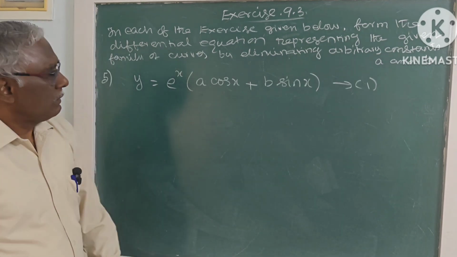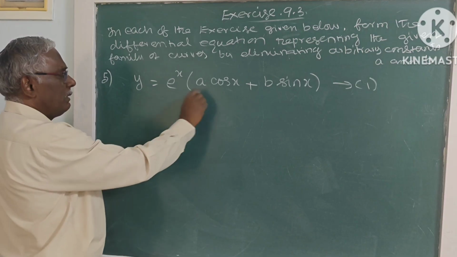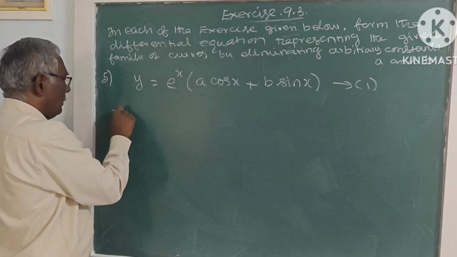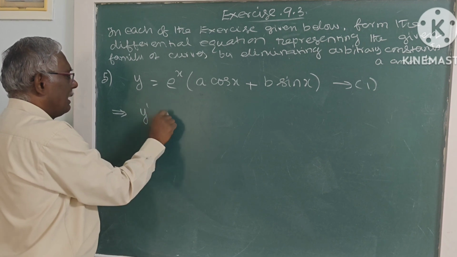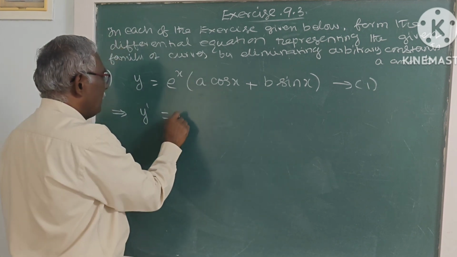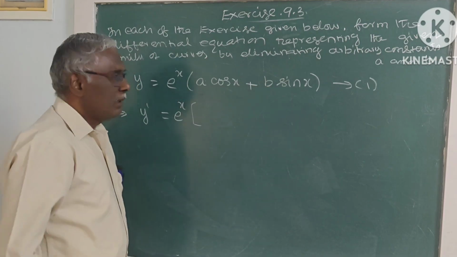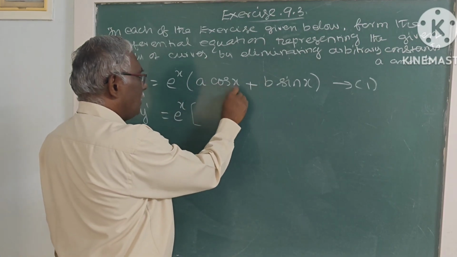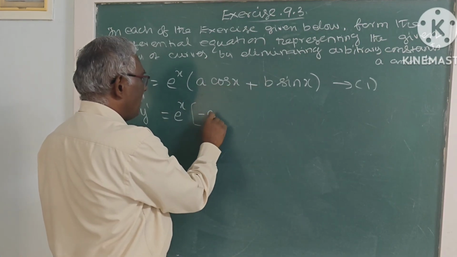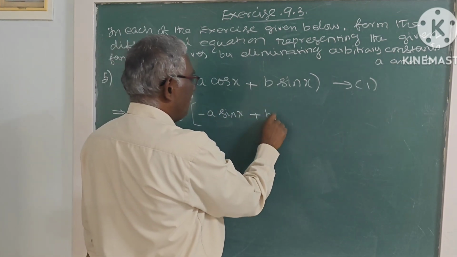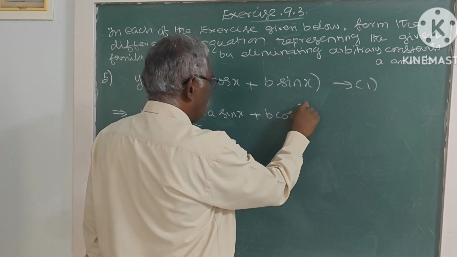a and b are the arbitrary constants, so we have to differentiate two times and eliminate a and b. Differentiate with respect to x, we get y dash is equal to, in uv form, e power x into a cos x plus b sin x. If we differentiate cos x, minus sin x will come, so minus a sin x plus b cos x.